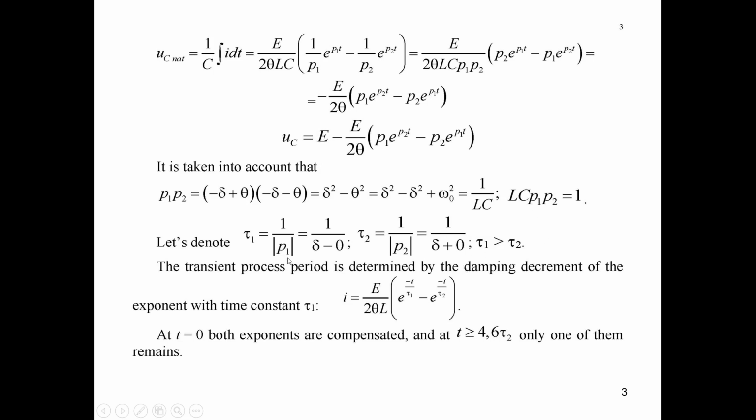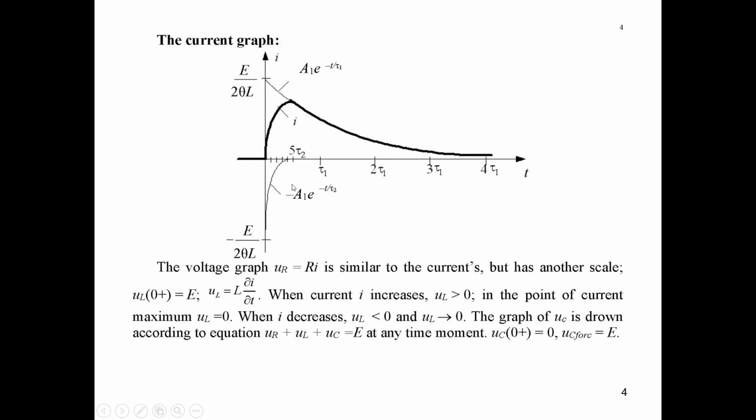Then we introduce such parameters as T1 and T2. We get this equation for current through these parameters, and we depict this graph for current. It was equal to 0, and it will be equal to 0 at t tends to infinity, and this transient process is a sum of two exponents.